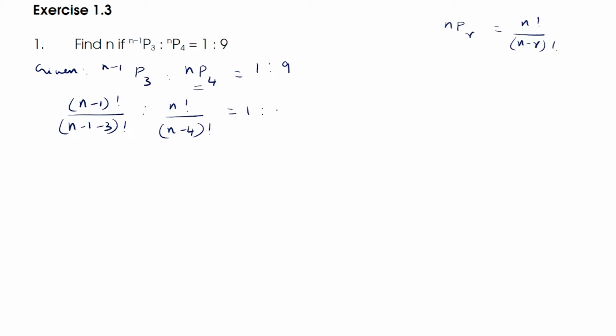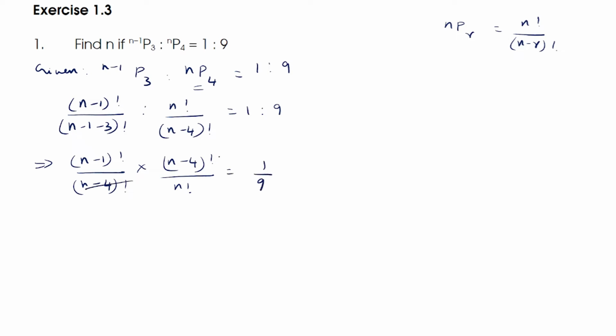This is equal to 1 is to 9. Or we have n minus 1 factorial upon n minus 4 factorial into n minus 4 factorial upon n factorial. Since this is a ratio, we can multiply and write the reciprocal. This is equal to 1 by 9.